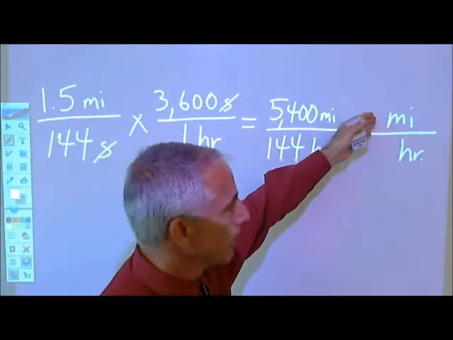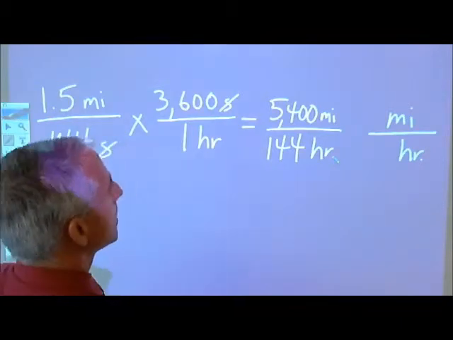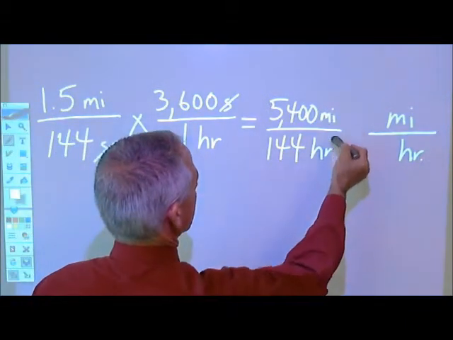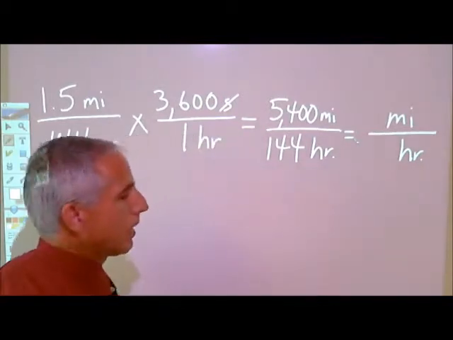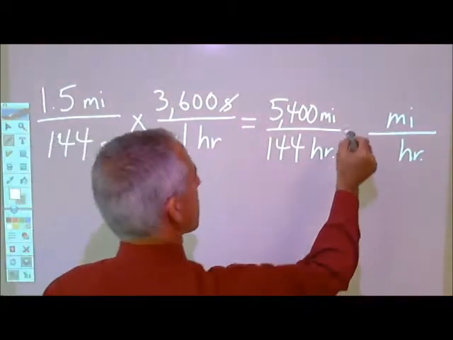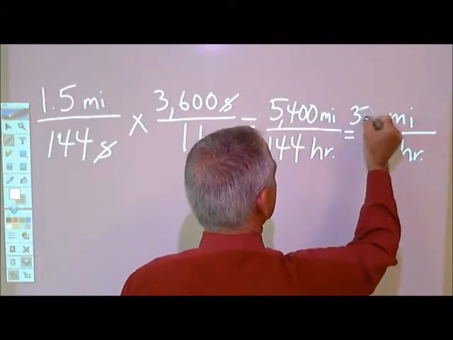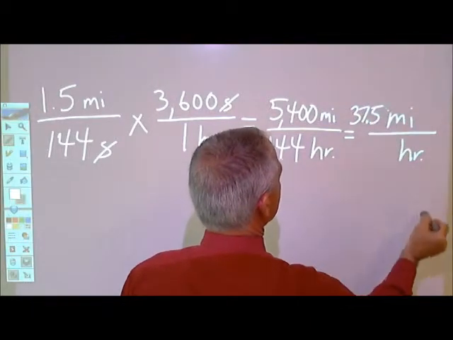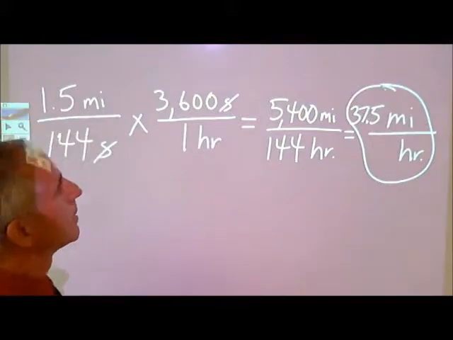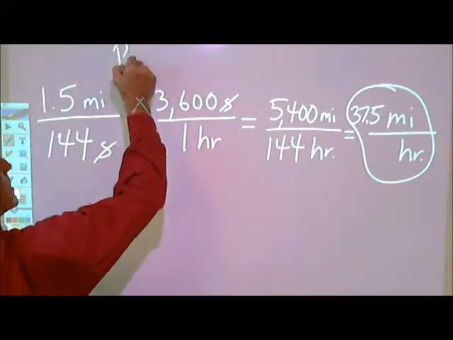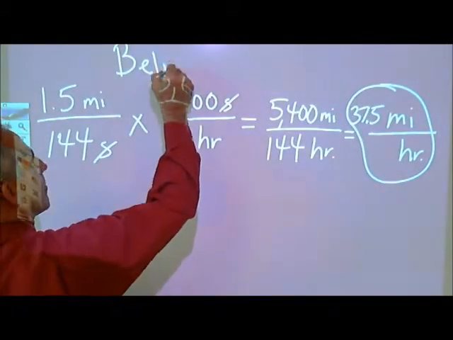We need to know how many miles he ran in 1 hour. So it's just a matter of dividing our top and bottom number by 144. And that comes out to 37 5/10 miles per hour. So this is our Belmont Stakes time.